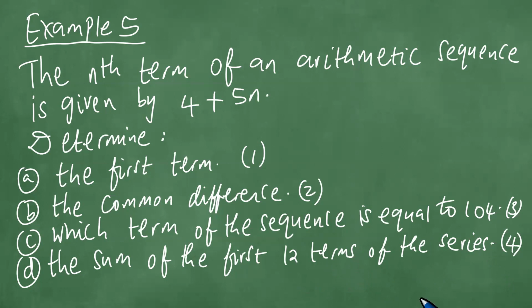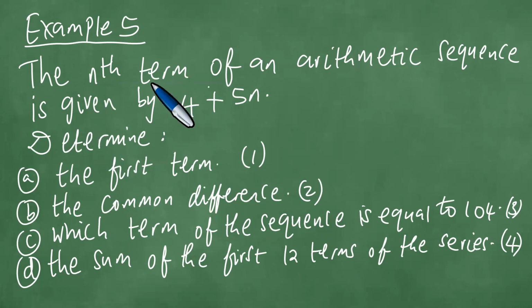Right, so in this example, the nth term of an arithmetic sequence is given by 4 plus 5n, and we need to determine the first term and the common difference, so let's look at the specifics of this question.